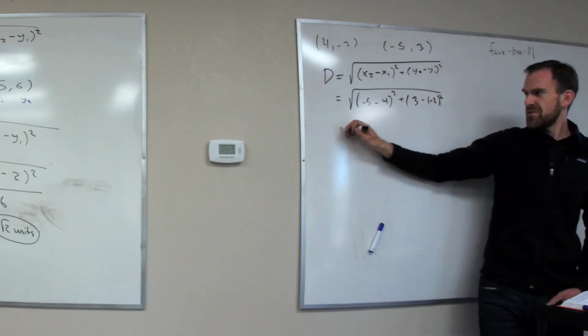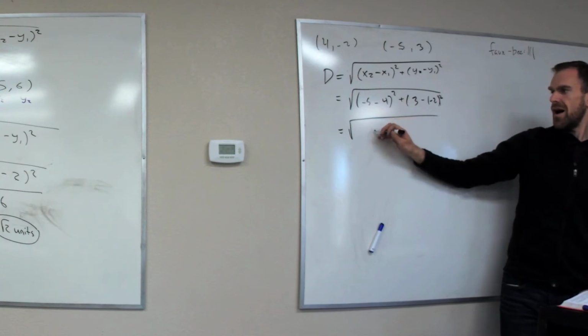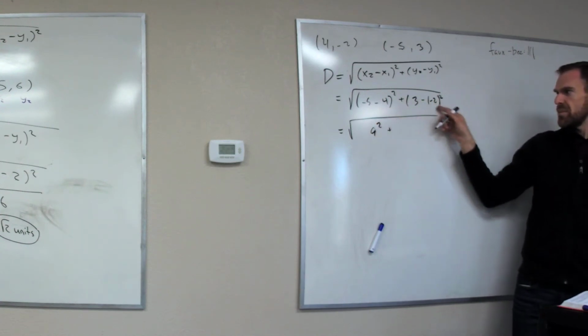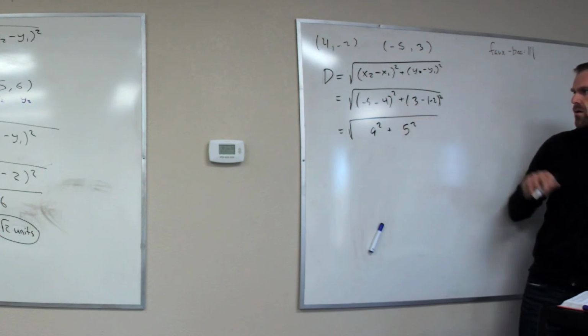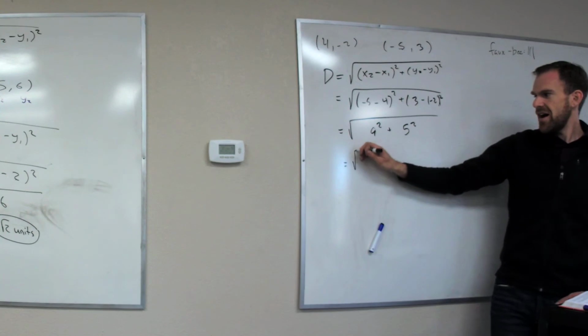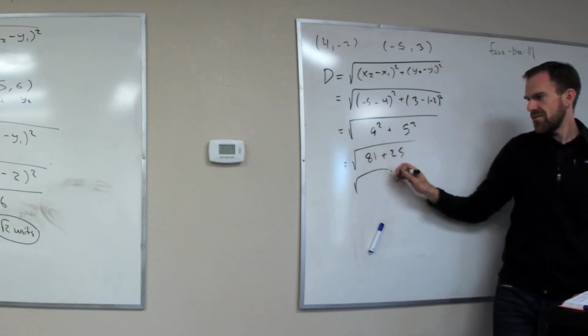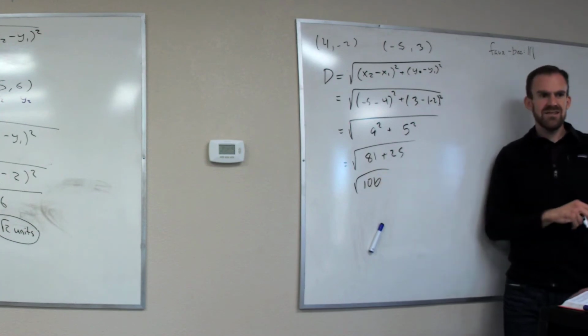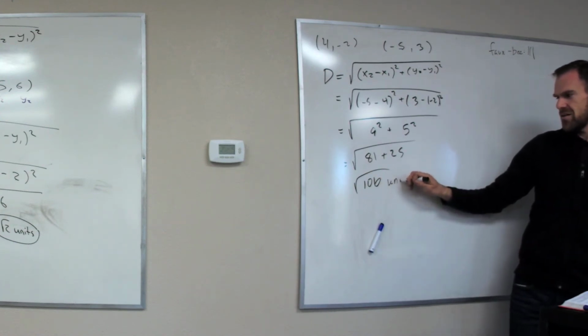Okay, negative 5 minus 4 is 9. 3 plus 2 is 5. Negative 9, well, yeah, but it's squared, so who cares? Doesn't really matter. Okay, so now I have the square root of 81 plus 25, which is the square root of 106. Is that simplifiable? Nope. So that's my answer.